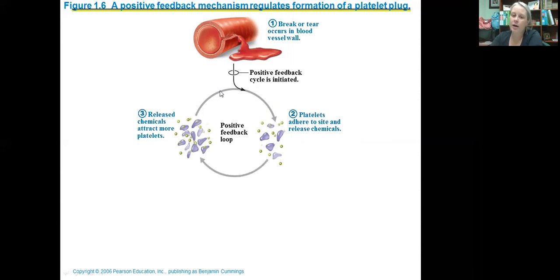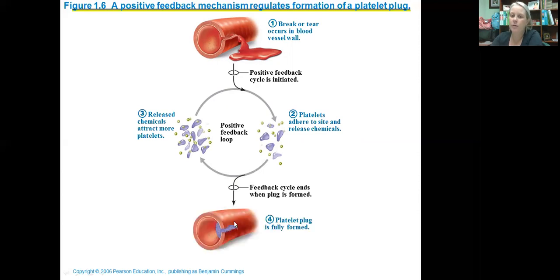And so this right here in the center is actually your positive feedback cycle. It will continue recruiting more and more platelets until that place is sealed. So your positive feedback loop here is here in the middle.